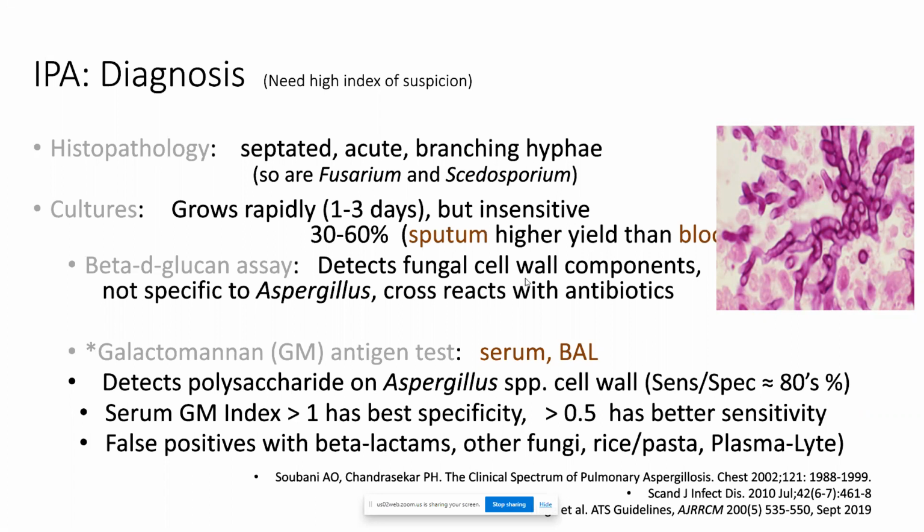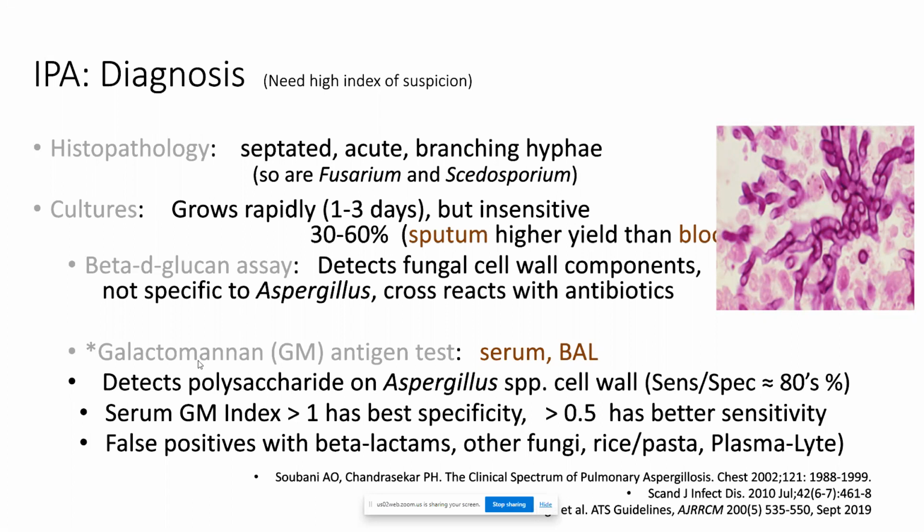It detects a cell wall component, but the problem is it's not specific to Aspergillus. It can cross-react with other fungi as well, and it also can cross-react with certain antibiotics, particularly the beta-lactams. And so all these patients seem to be on piperacillin, which can give you a false positive Fungitell. So you have to be careful with that.